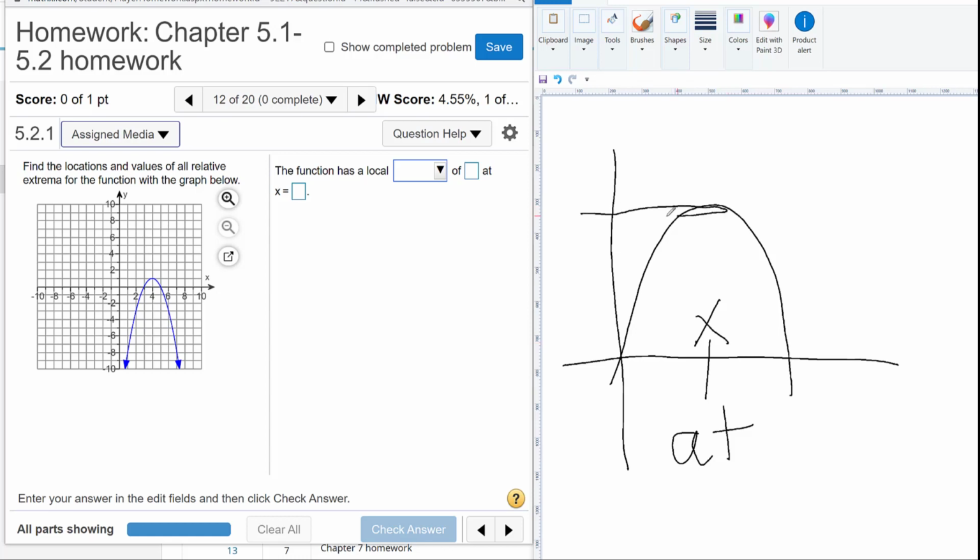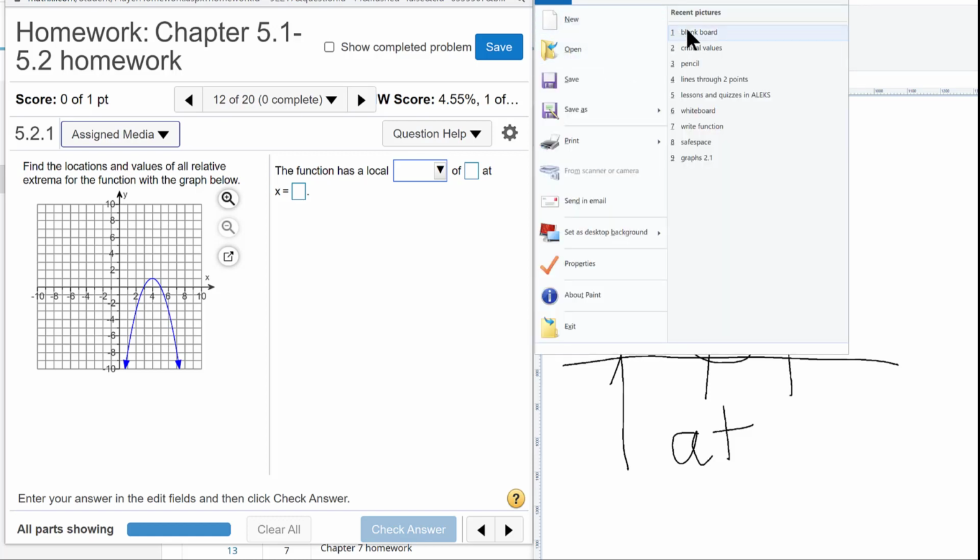The actual extreme, though, is the function value or the y value. So once you find the x value of the extreme point, you must put it into the function to find the y value, which is the actual extreme value. X is just where it occurs at. F of x is what it actually is.